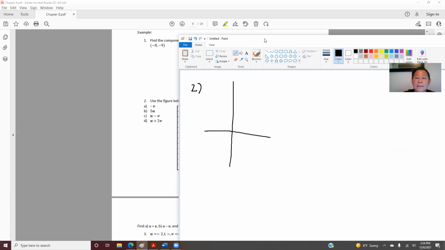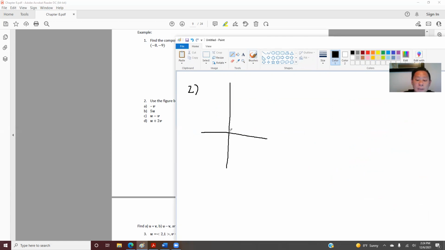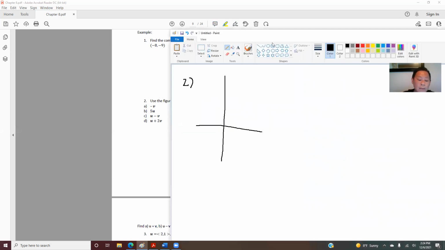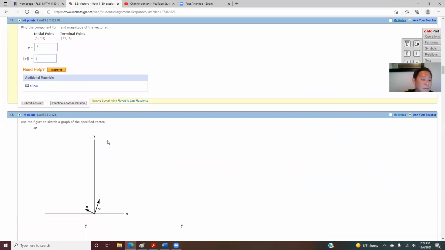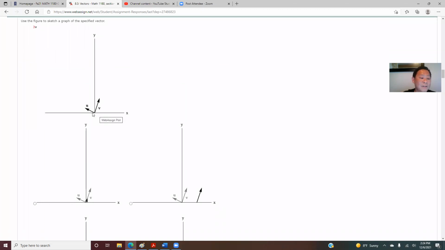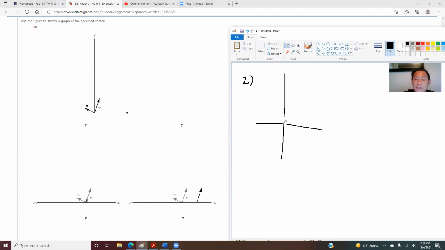Let me do an example from your homework, then you can see what's going on. There you go. This is vector u and this is vector v. The question here is asking for 3v. What is the graph for 3v? You take this v and you triple it. So let's say this is your v.